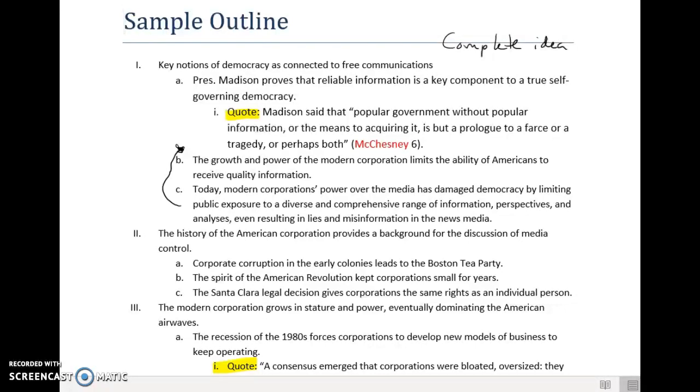For instance, in this notion here, key notions of democracy is connected to free communications, this is not a complete sentence. Obviously, it does not have a verb, but it provides the complete detail that we're after.